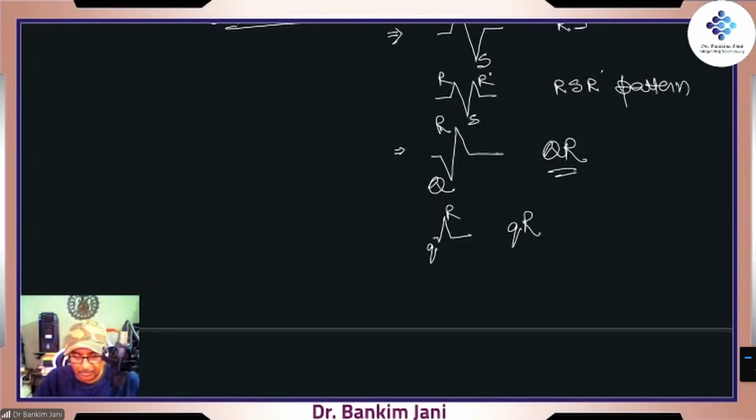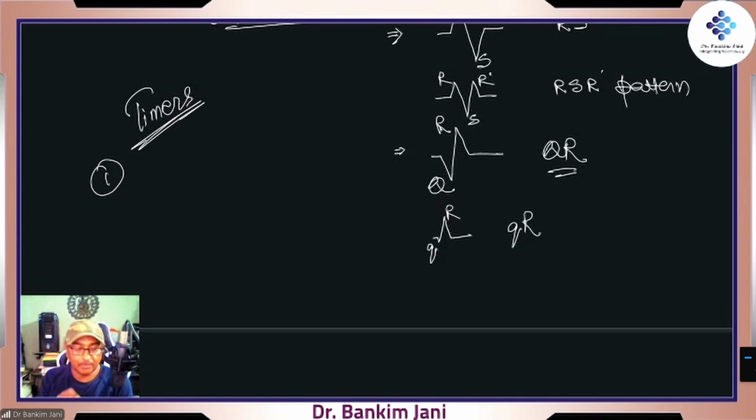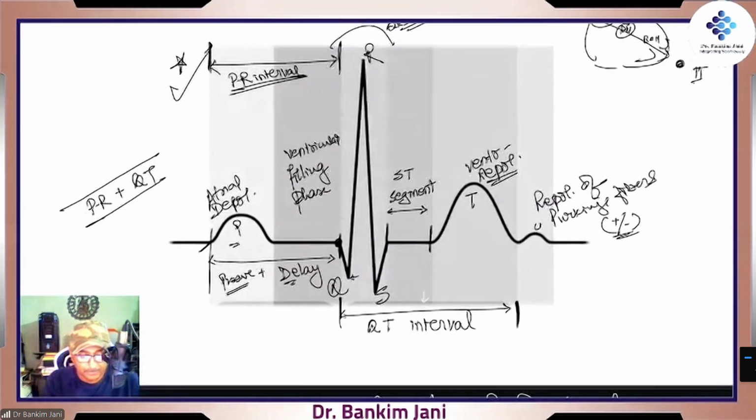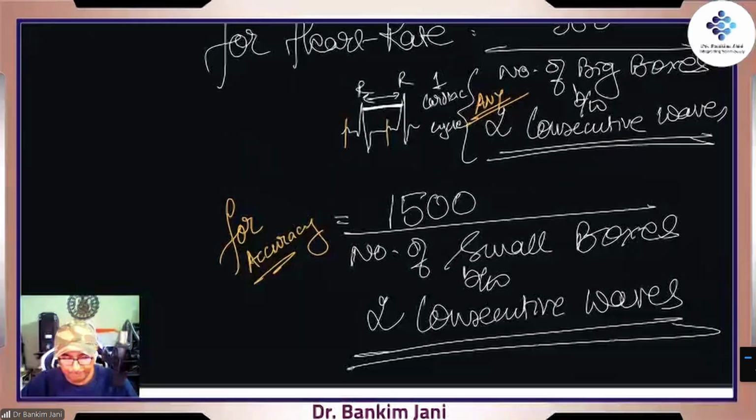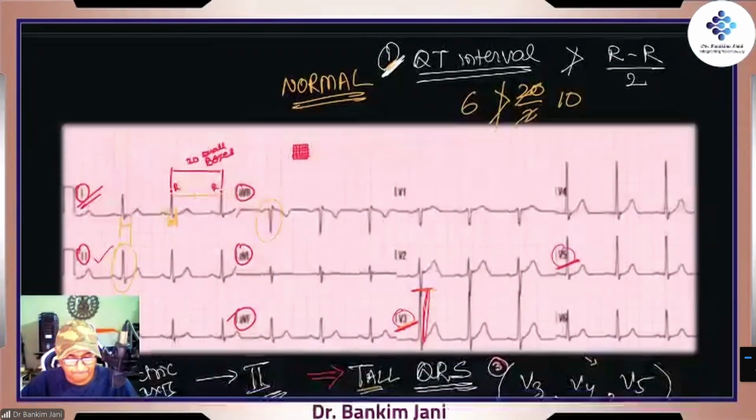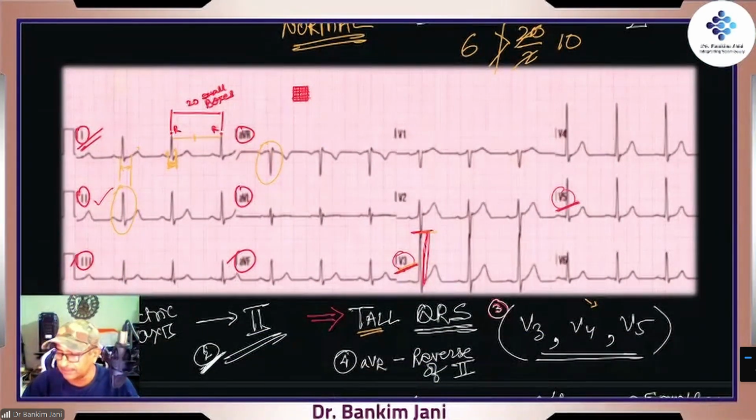Regarding the timers, now you'll be developing one more habit, and that is to measure the PR interval. When we say PR interval, we need to see the beginning of the P wave and the beginning of the QRS complex. So let's take any of the ECGs.